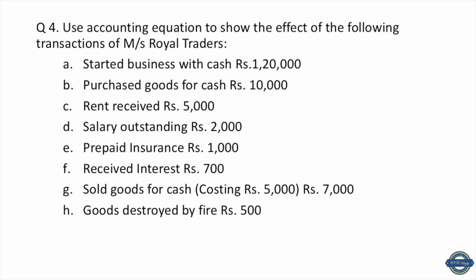Started business with cash rupees 1,20,000, purchased goods for cash rupees 10,000, rent received for rupees 5,000, salary outstanding rupees 2,000, prepaid insurance rupees 1,000, received interest rupees 700, sold goods for cash costing rupees 5,000 for rupees 7,000, goods destroyed by fire rupees 500.